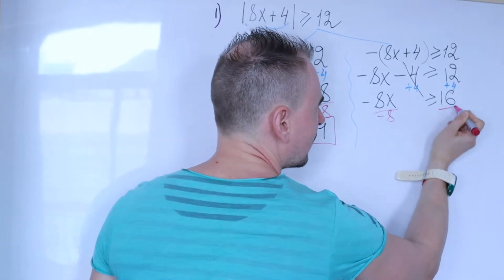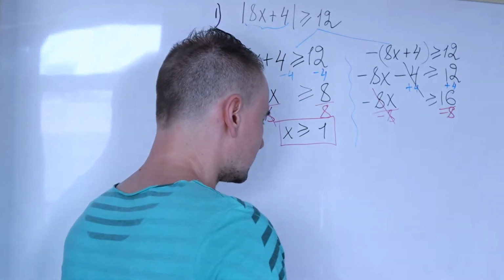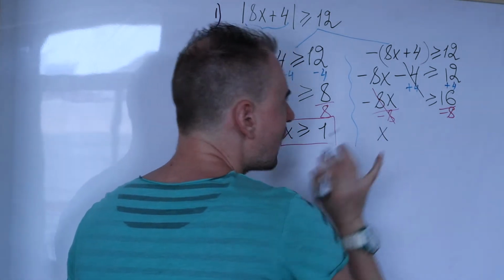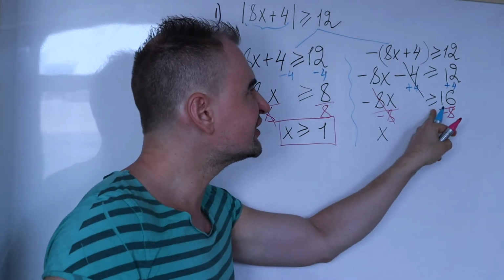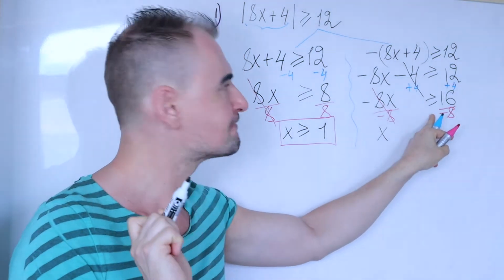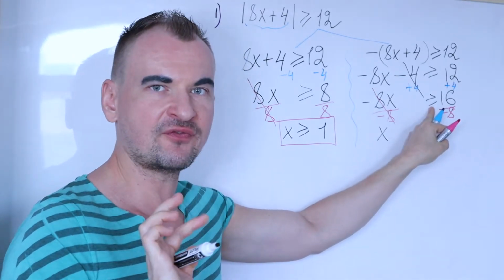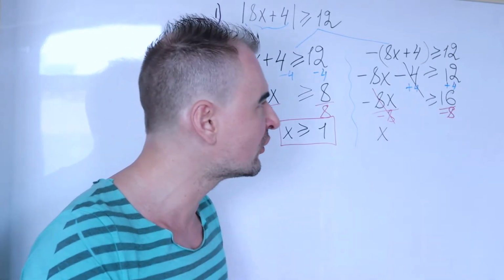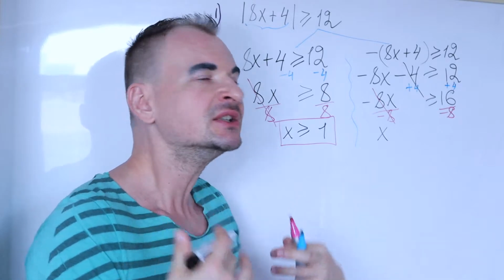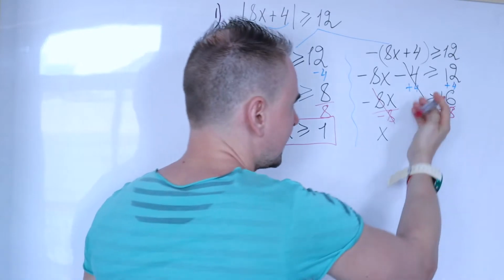So I'm going to divide both sides by negative 8. Now this 8 drops out, goes away, and you would be left with just x. And now be careful, caution. Since we are dividing by a negative number on both sides of your inequality, the sign in the middle has to be flipped, has to be changed. So the direction of your inequality has to be switched to the opposite. So be careful over here.